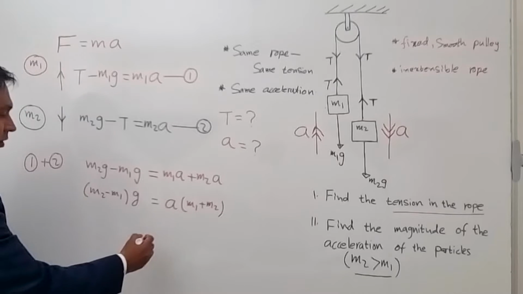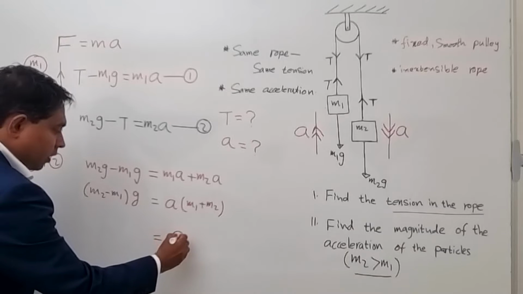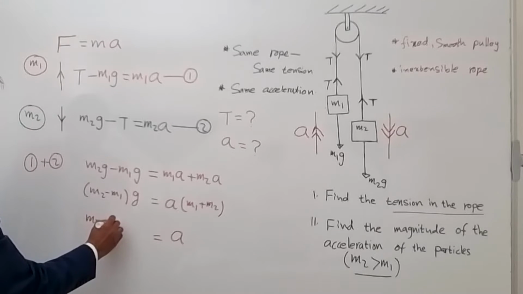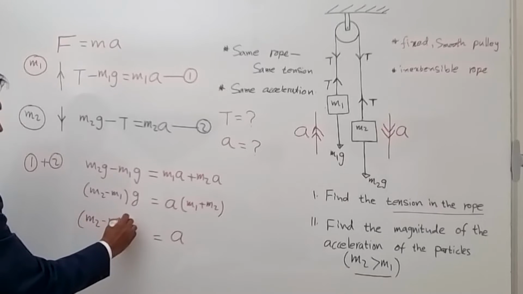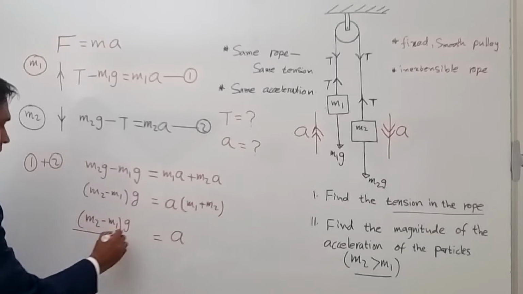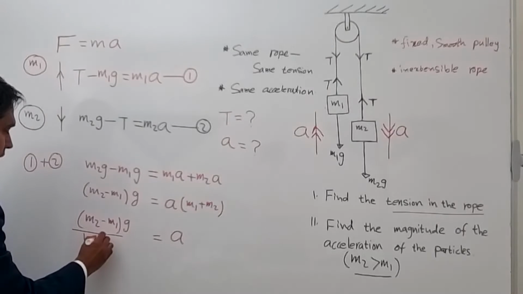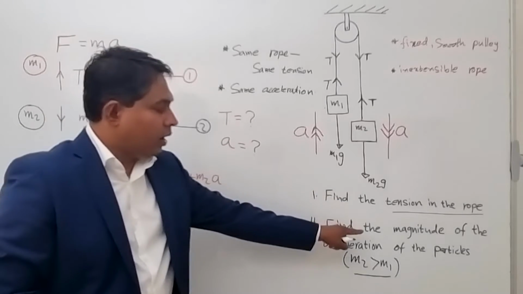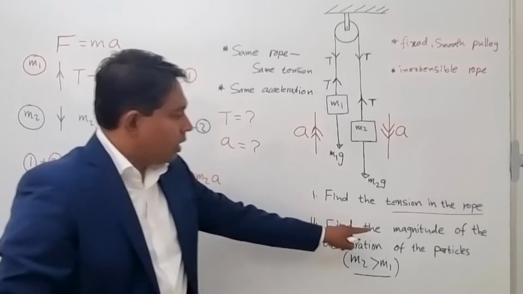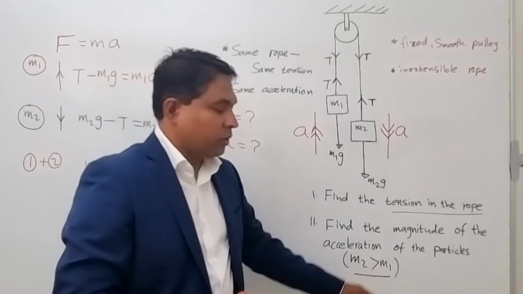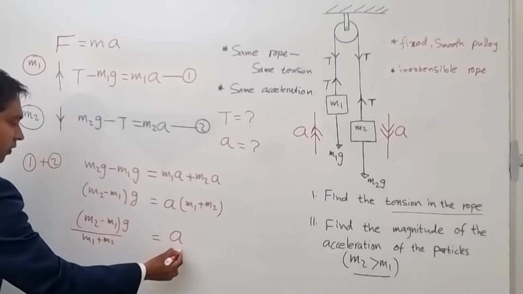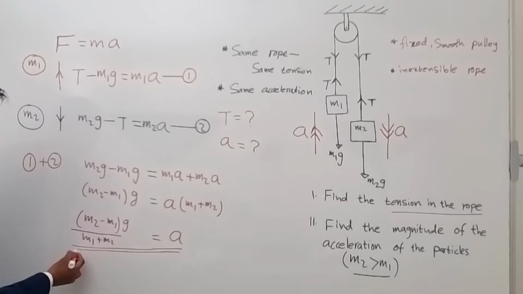So that gives us A as (m2 minus m1)g over (m1 plus m2). That is the acceleration of this particle, the magnitude of the acceleration.